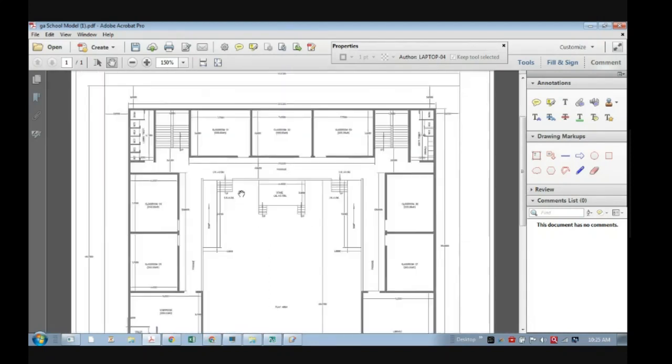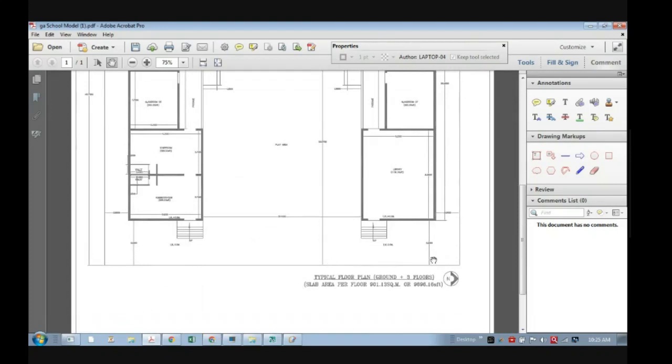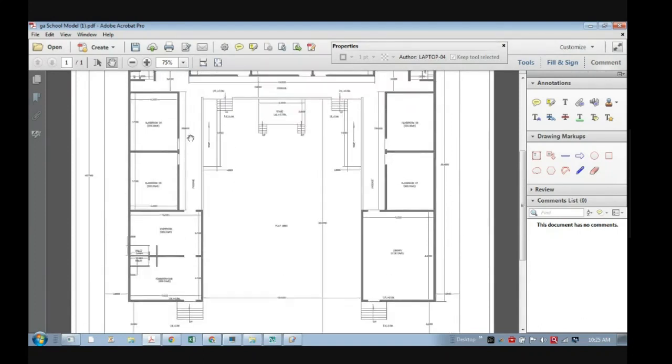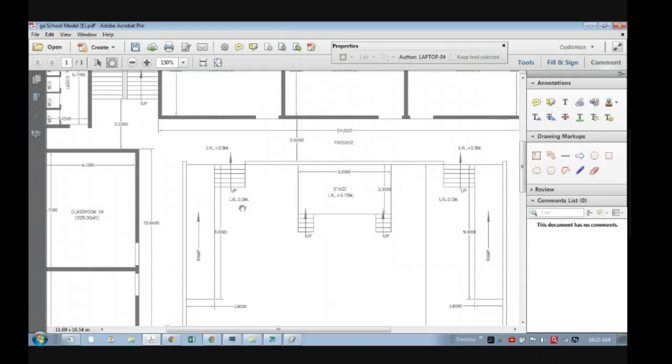Many times, if there is a road here, whenever we do the tar road, we do the maintenance also after 1 or 2 years. So the level of the road goes on increasing, and the water gets inside the building. To avoid that, we generally keep the plinth level above the ground level.